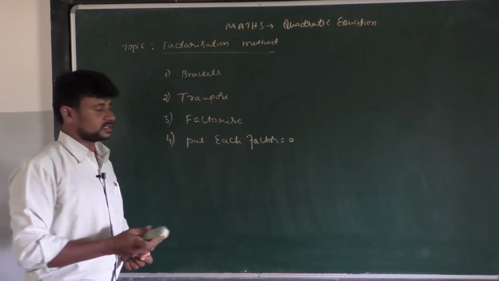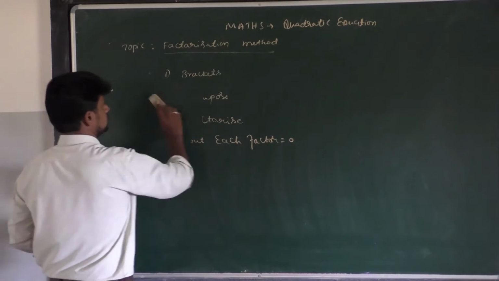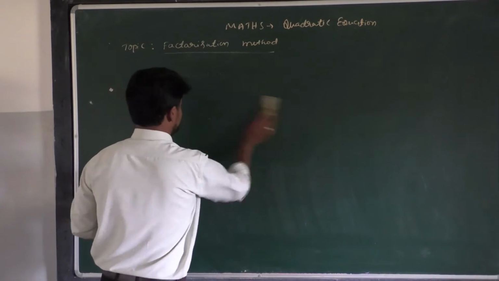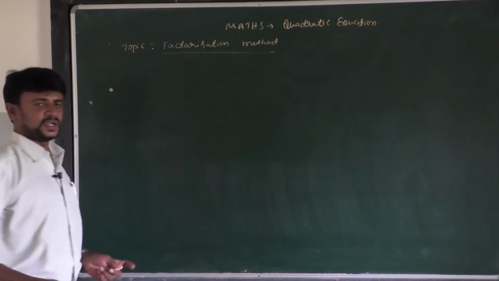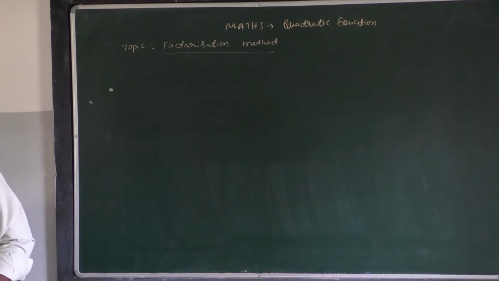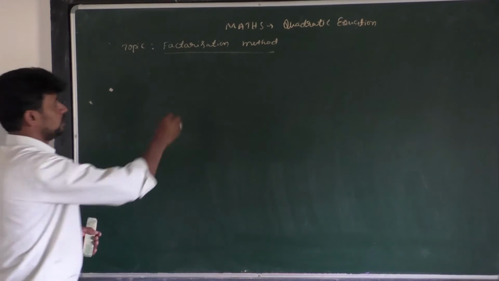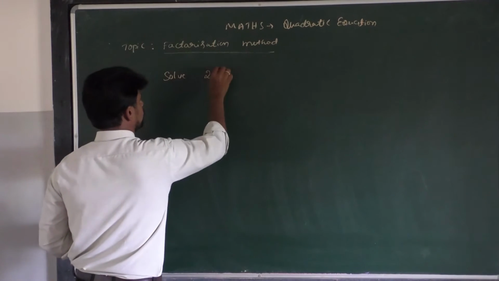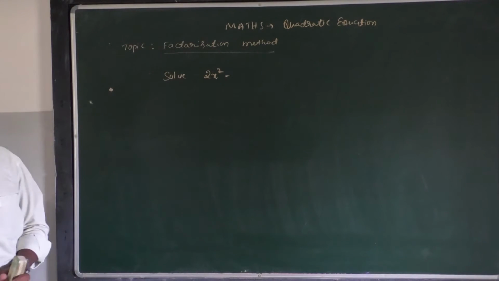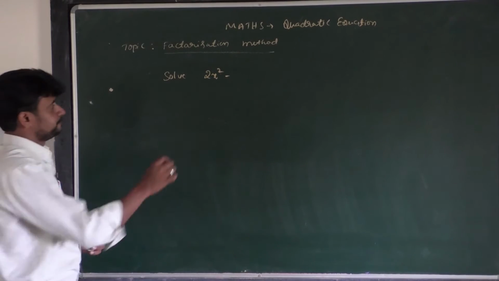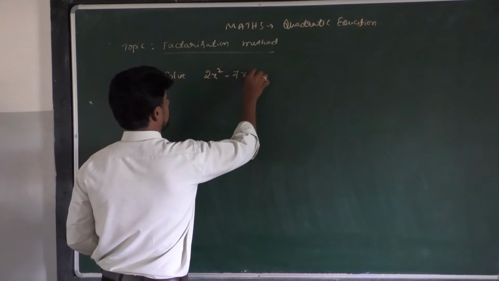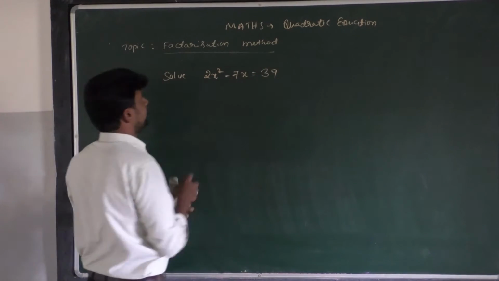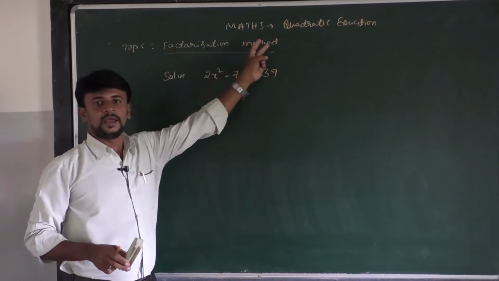Okay, let us take one example now. First question is solve 2x square minus 7x is equal to 39 by using factorization method.